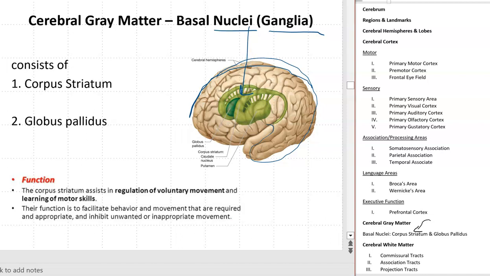Now, it's very small. This picture makes it look giant. It's about the size of a gumball, and it has many, many functions. One of the most important functions is it controls voluntary movement. So it's really important in inhibiting involuntary muscle movement. And it makes sure that when we're using our muscles, like if we're reaching for something or we're trying to use things with dexterity, it limits any excess muscle movement so we can have a smooth movement and helps fine tune our muscles.